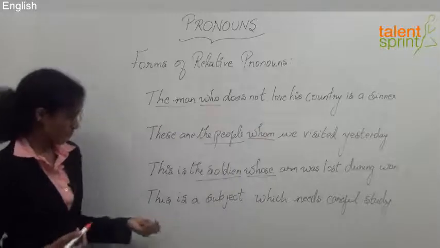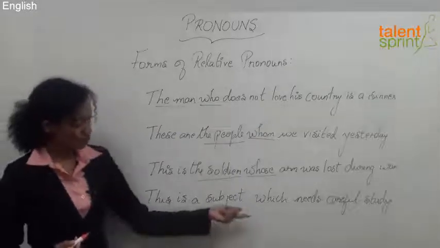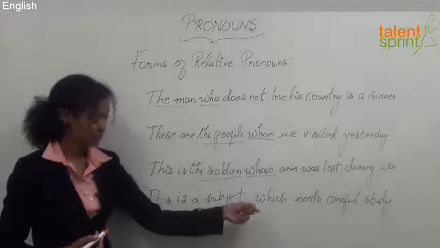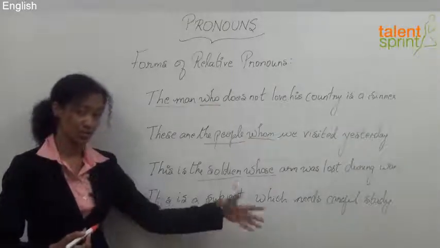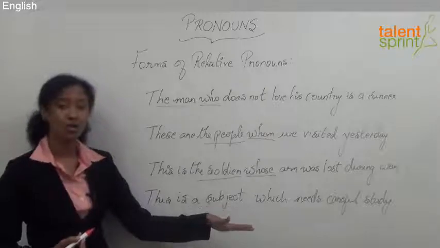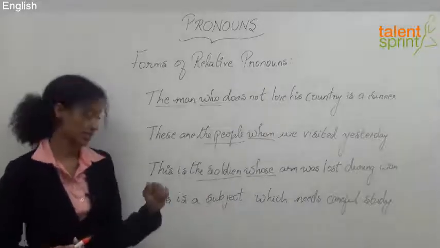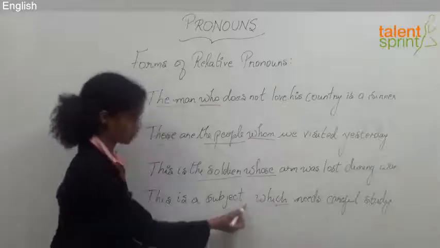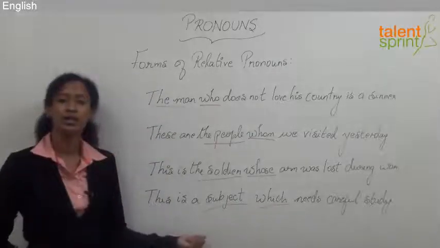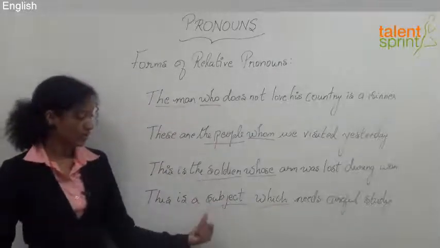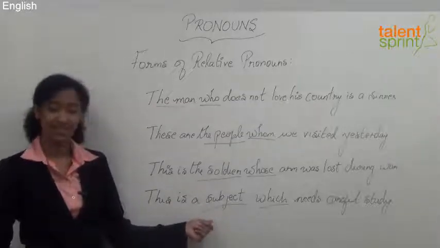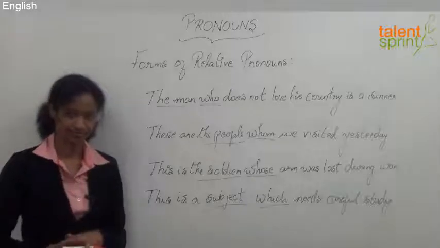Next: this is a subject which needs careful study. Here which is a pronoun used for non-living things, both in the subject as well as the object case. So this is a subject which needs careful study, where which is replacing the subject. Clear? Let's move on.